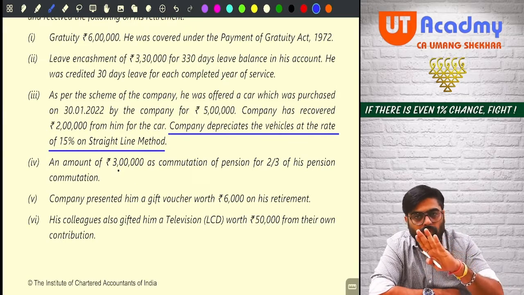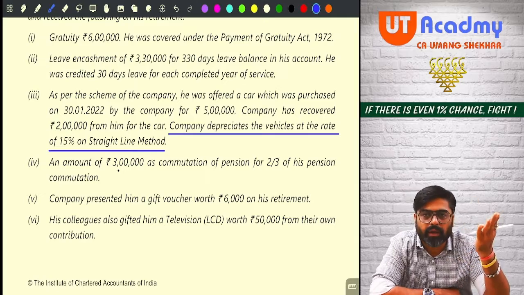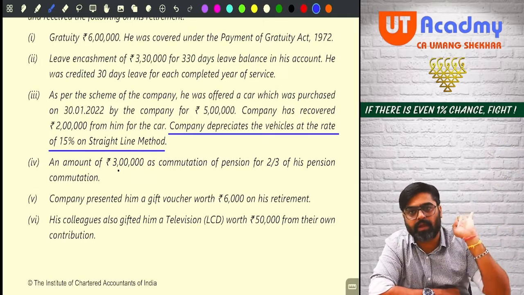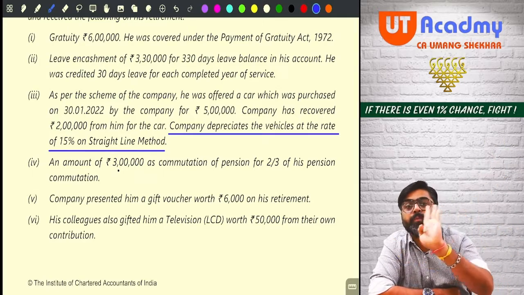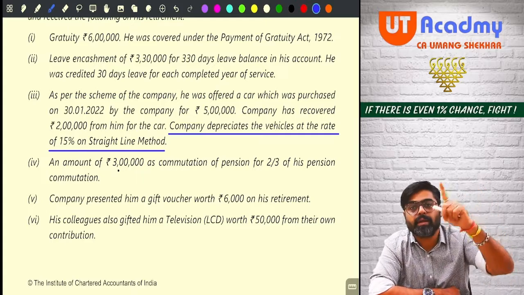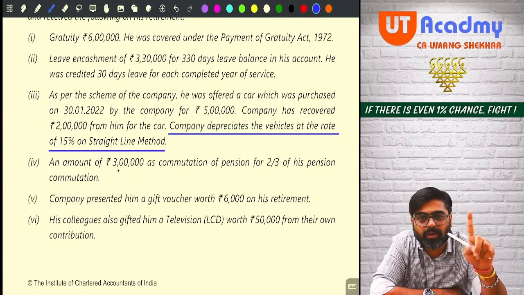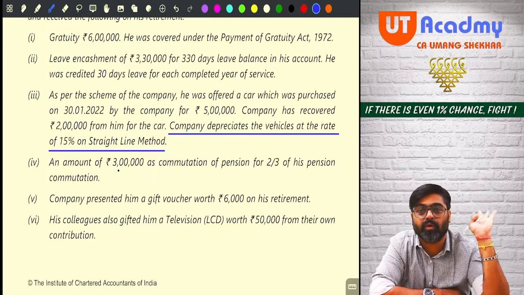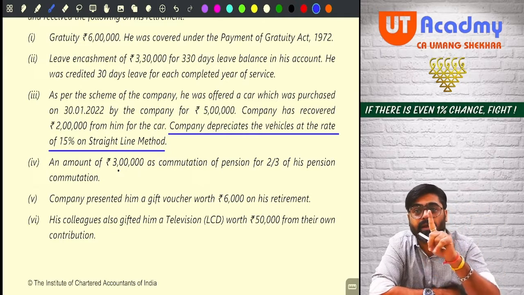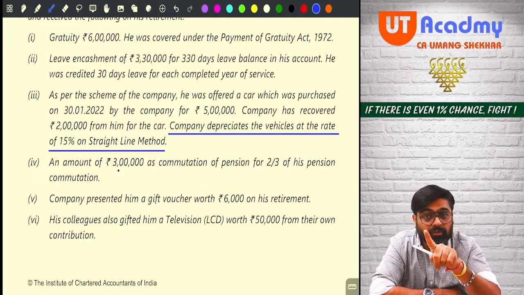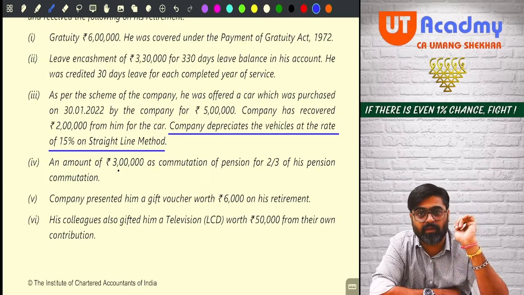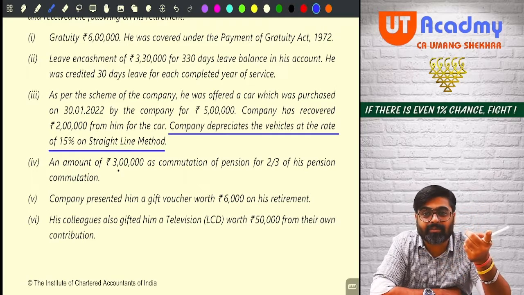I don't want to know at what rate the company is depreciating the vehicle. To value this perquisite, motor car depreciation will be reduced at 20% WDV only for every completed year of use. So this information is deliberately given so that you take the depreciation at 15% on SLM.